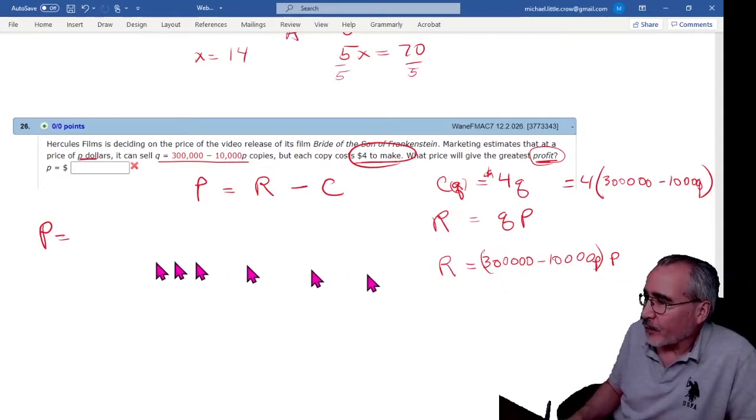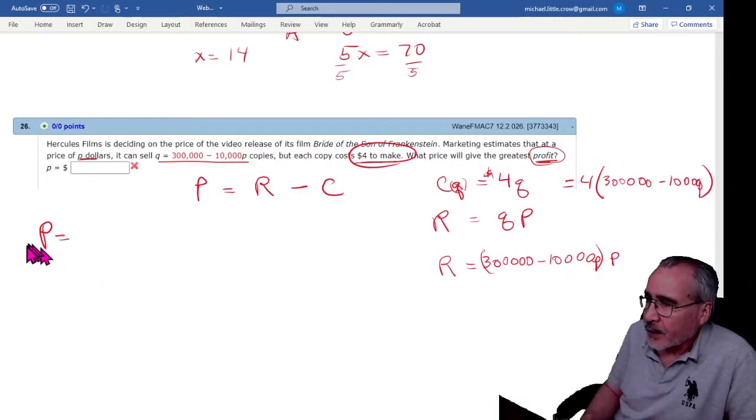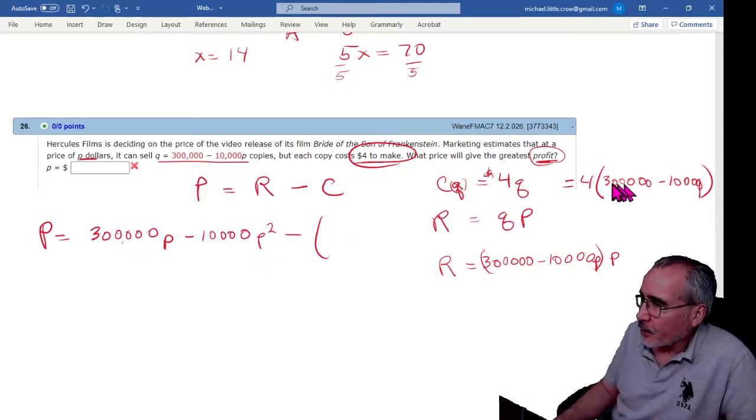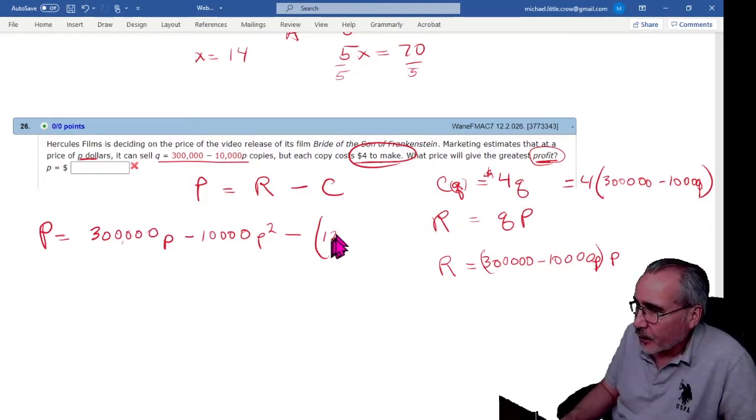So let's go ahead and distribute this P. So we get 300,000 P minus 10,000 P squared. Then we're going to subtract, and I'm going to distribute this: 4 times 3 is 12, and then all those zeros, so 12 million.